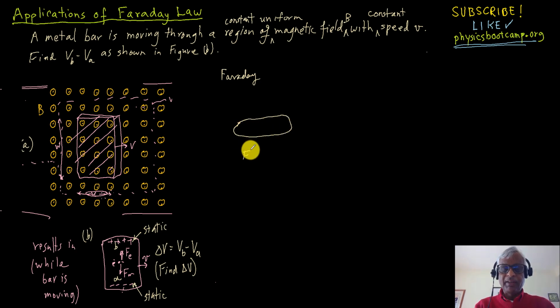The loop is flat, and I go this way and do a line integral on this loop. So there's a loop on flat space.